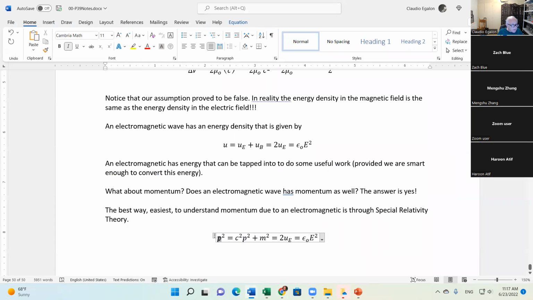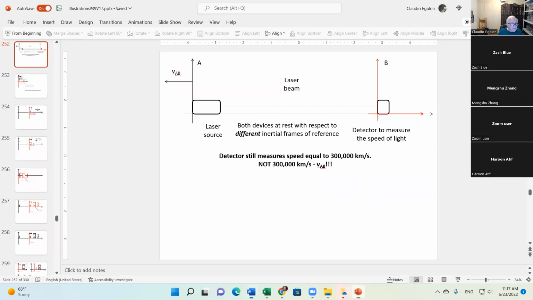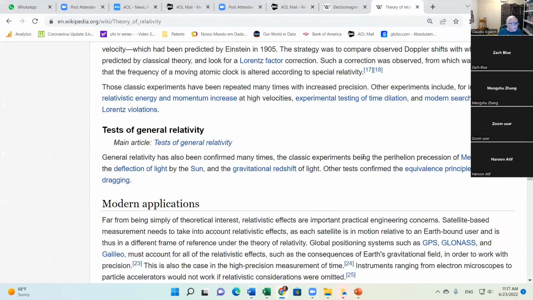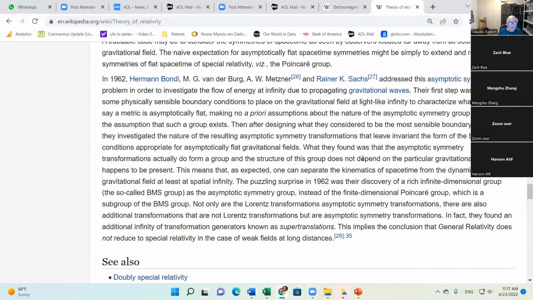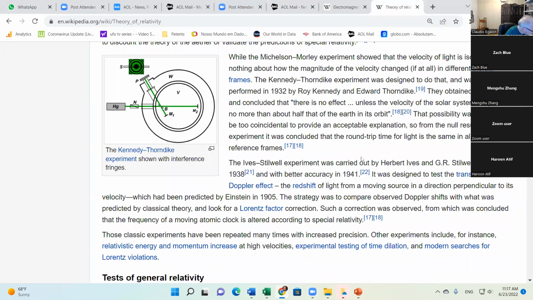Like that. U squared, cP squared, and unfortunately they don't have it here. And you can prove that mathematically using the postulates of relativity theory.